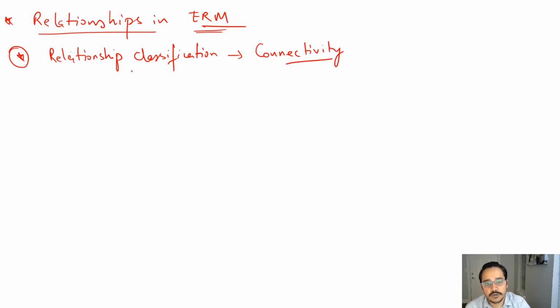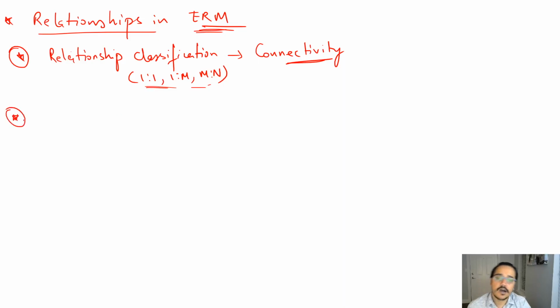That means the different types of relationships, 1:1, 1:M, and M:N, within the ER design realm are known as connectivity. We don't necessarily call them relationship classification. So if somebody asks you what is the connectivity between entity 1 and entity 2, they're asking about the relationship type.